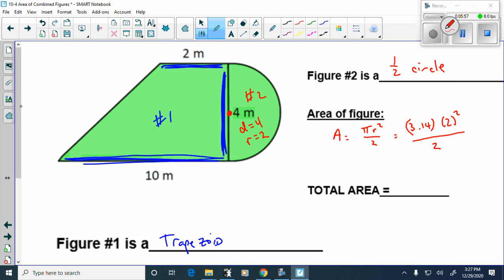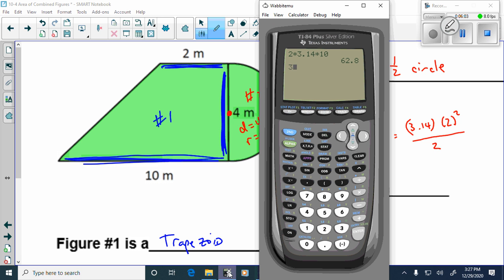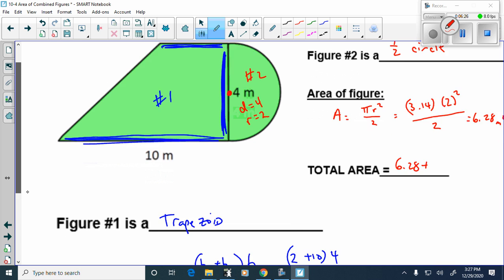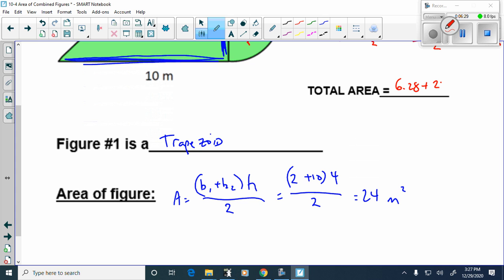Let me grab my calculator real quick. This is 3.14 times 2 squared divided by 2, 6.28 square meters. So now I've got 6.28 plus 24 equals 30.28 square meters.